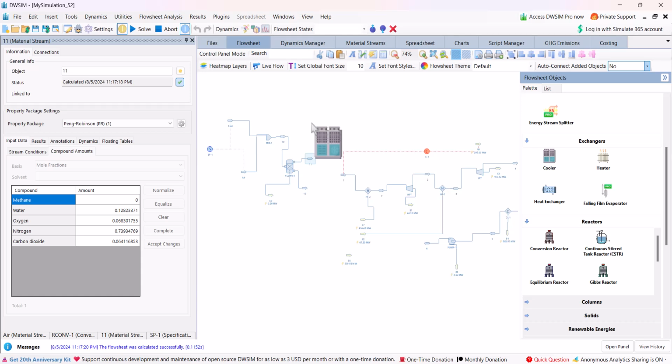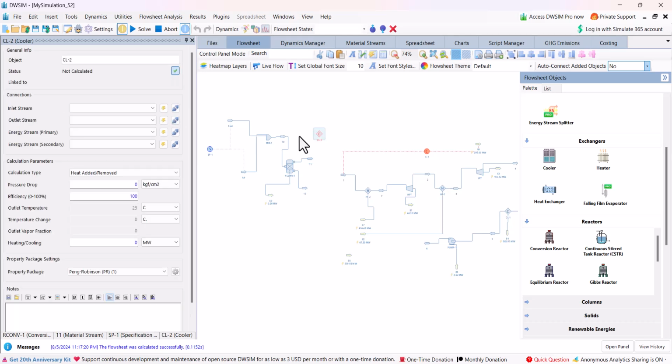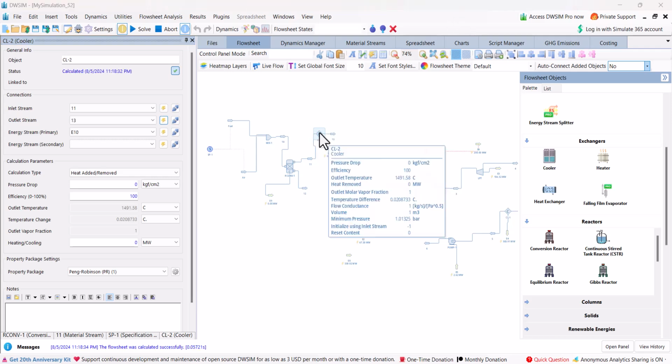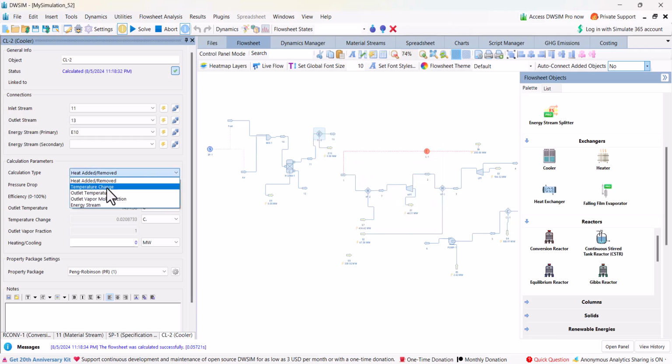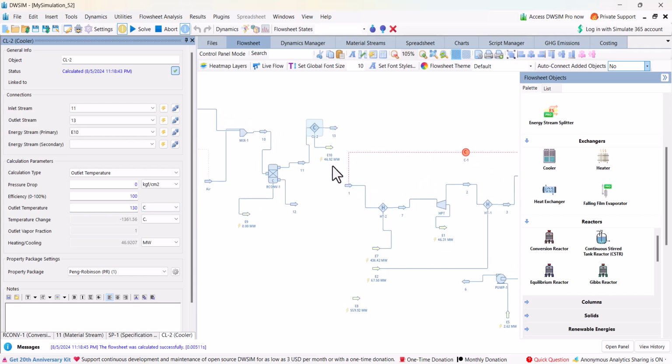So if we add a cooler there and take stream 11 as input and just add another stream and create an energy stream also. So in the cooler, instead of heat added or removed, outlet temperature, let's assume it's 130 degrees Celsius and energy flow is 46 megawatt.